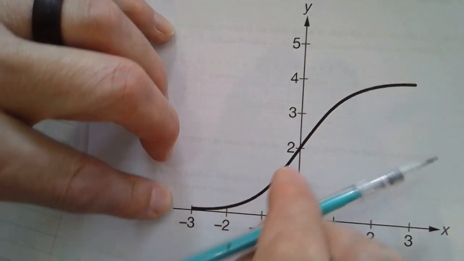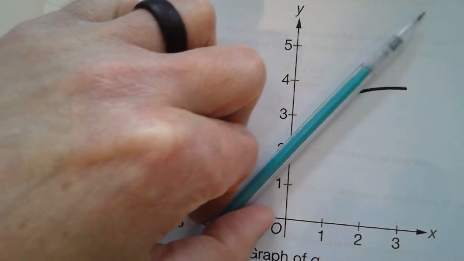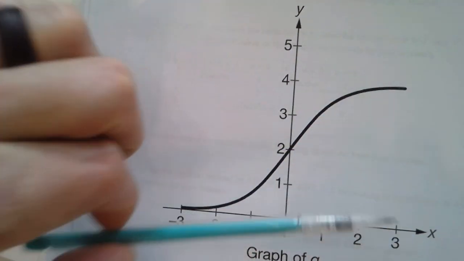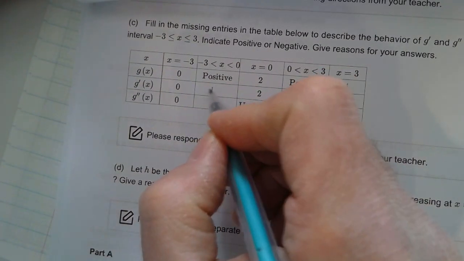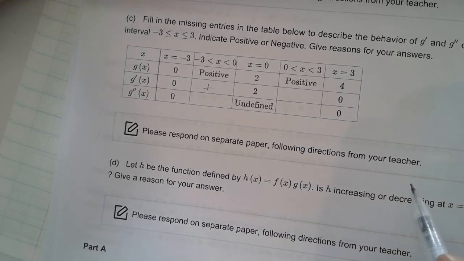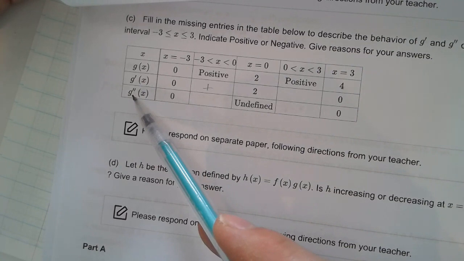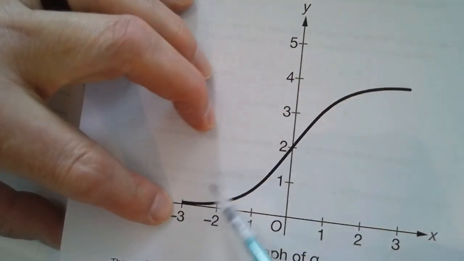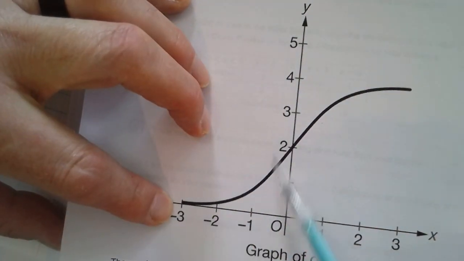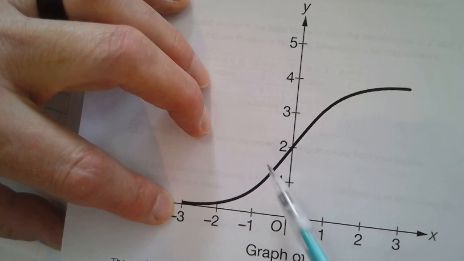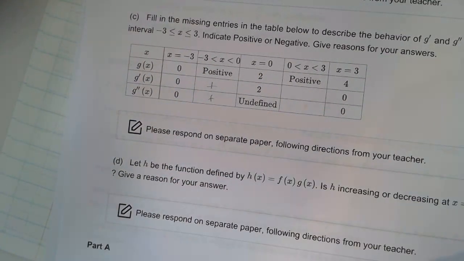Well, G is increasing that entire time, so G prime must be positive in that interval. And G double prime has to do with the concavity of G. So this is holding water, so it's concave up, so the second derivative would be positive also.